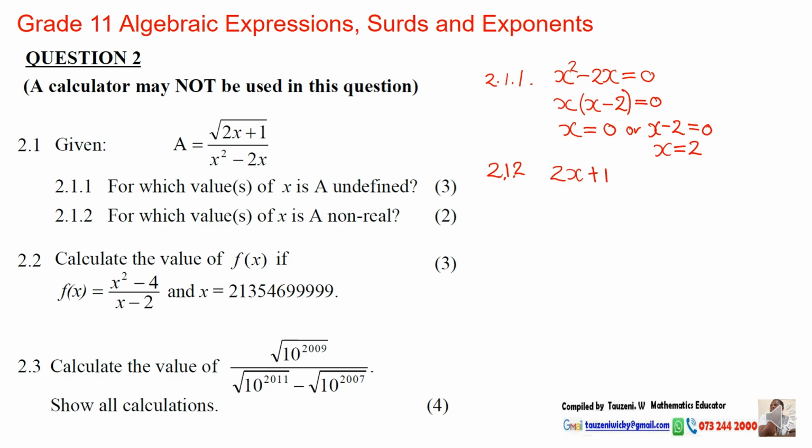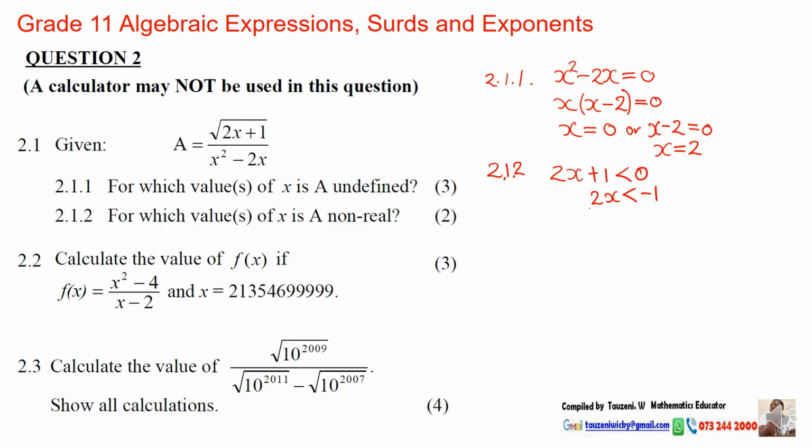Number 2.1.2, an expression is non-real if the value inside the square root is negative. So to determine the answer required here, the expression inside the square root, in my case 2x plus 1, must be less than 0. That means it must be negative.